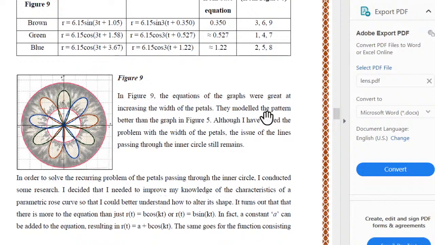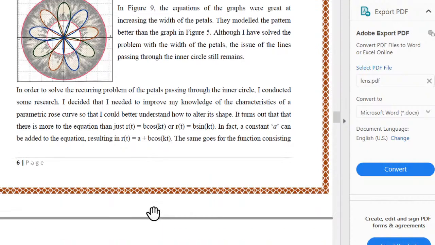For the petals, they modeled the pattern better than the graph in figure 5, okay, except for the circle. I just conducted more research, okay, to prove the characteristics of a parametric rose curve so that I could better understand how to alter its shape.